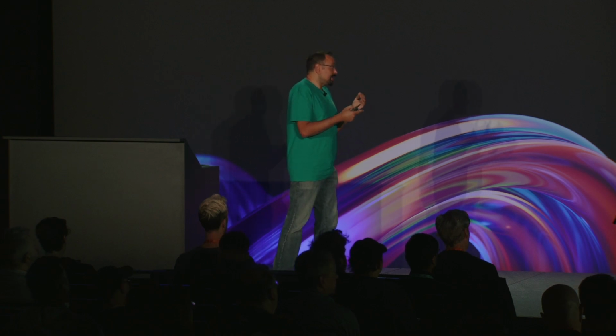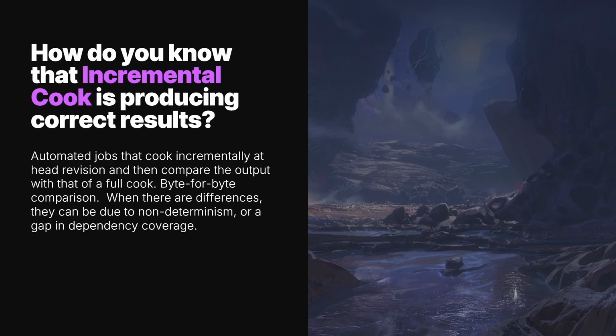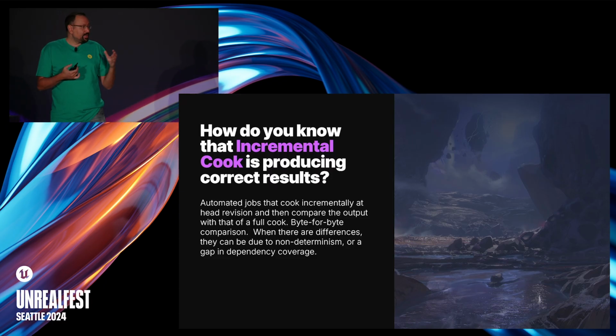So, one of the important questions we had to ask ourselves as we started to go about this work is, how do we know that incremental cook is producing correct results? Are we just hoping and then we'll wait for somebody to report an issue to us? That's not really what we were after. So what we're doing is we've got automated jobs that cook incrementally at head revision of our internal projects, Fortnite and others, and compare the output with that of a full cook.